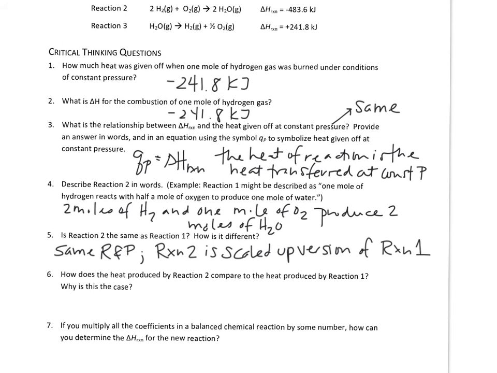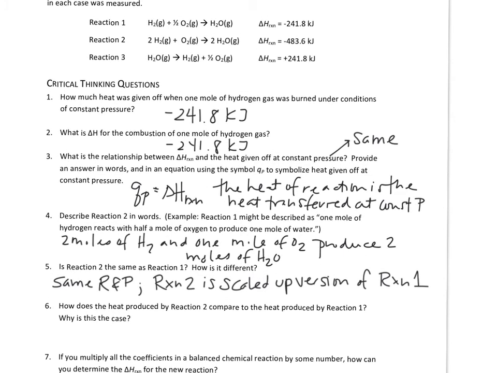How does the heat produced by reaction 2 compare to the heat produced by reaction 1? Well, let's look. 241.8, or 483.6, looks to me like this is a factor of 2 greater. And notice that this was also a factor of 2.